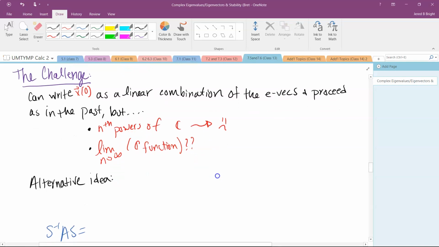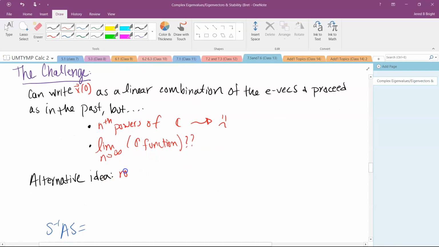Okay, so here's another idea. Let's look at rotation scaling form. If we look at lambda equal to 2i, we said that corresponded to the eigenvector positive 2i and then minus 1.